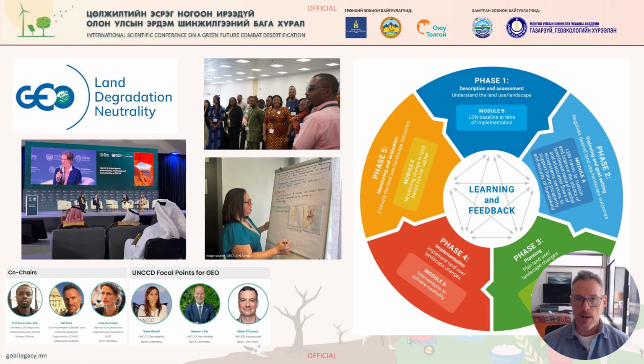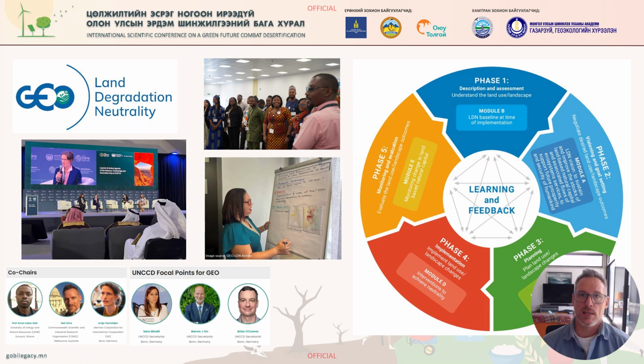There are also some tools available on the GeoLDN website, and on the right-hand side there is a description of a thing called the LDN Toolbox, which is a collection of curated data sets and analytics systems designed and compiled to help countries map, measure, monitor and report on land degradation in a way that is consistent with the UN SDG reporting requirements, but also helps meet the needs of the specific geography that the country is trying to report on.